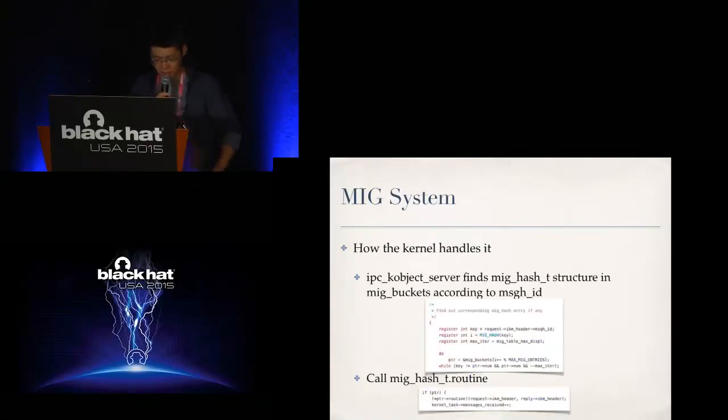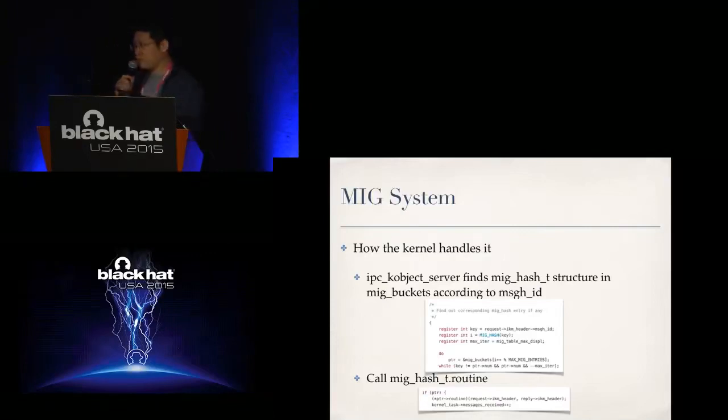So how does the kernel handle this? All the Mach messages into kernel space are dispatched by the ipc_kobject_server function, and this function finds a mig_hash structure in the mig_buckets variable according to the message ID. Then it will do some checks and call the routine in this structure.